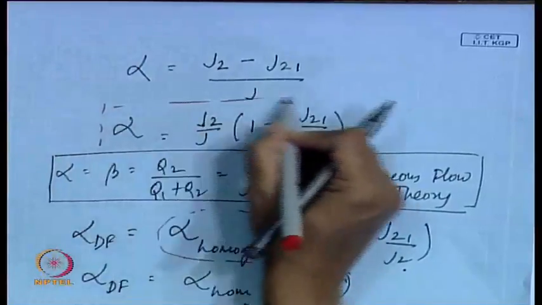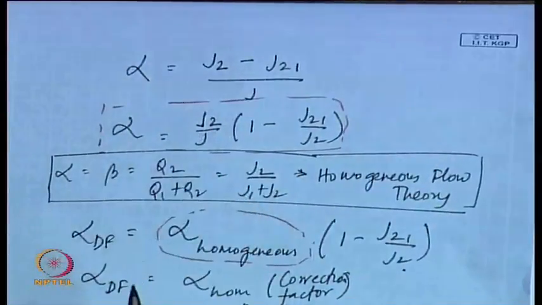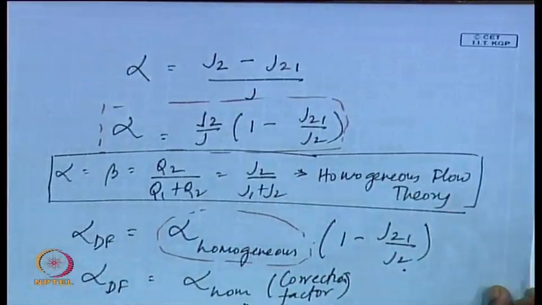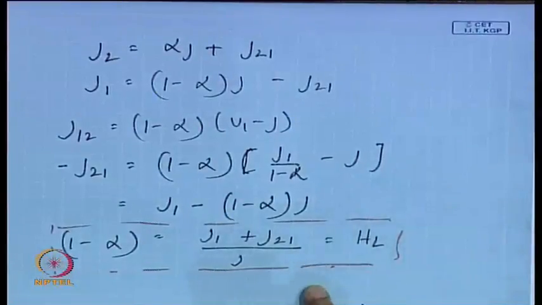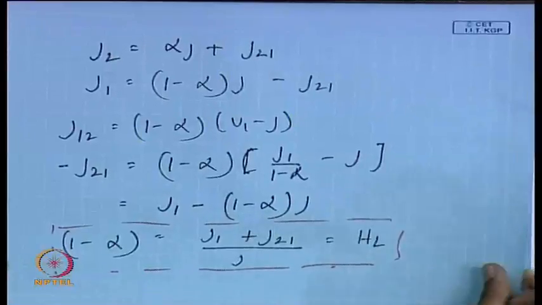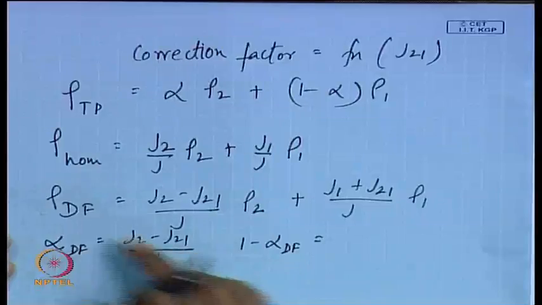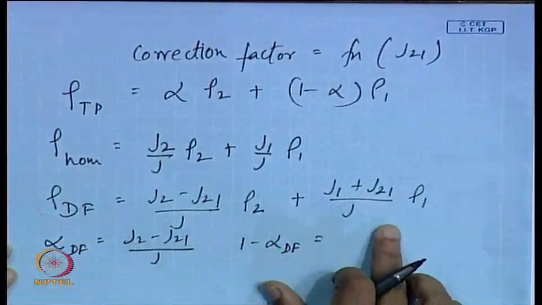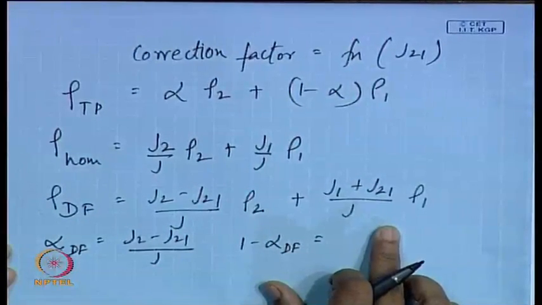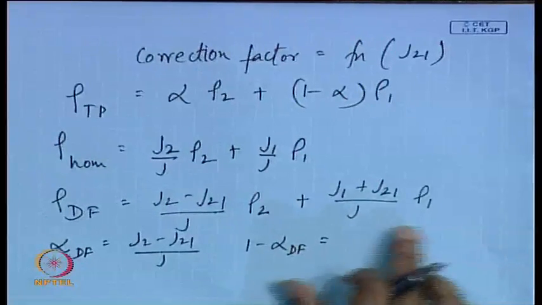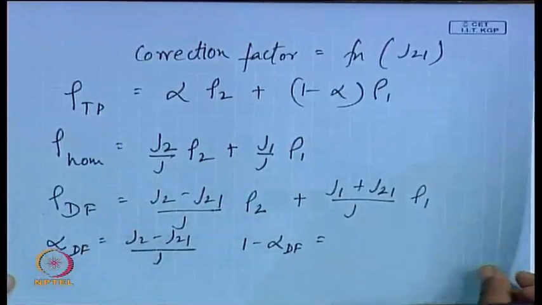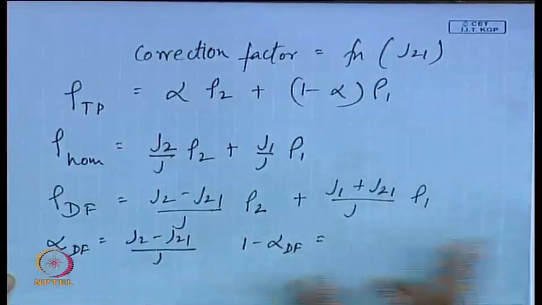Now, if we substitute this expression of alpha and this expression of 1 minus alpha in the expression of rho drift flux, we are going to get something of this sort, right. Substitute yourself and you will find it. Simplifying this particular expression, what do we get?